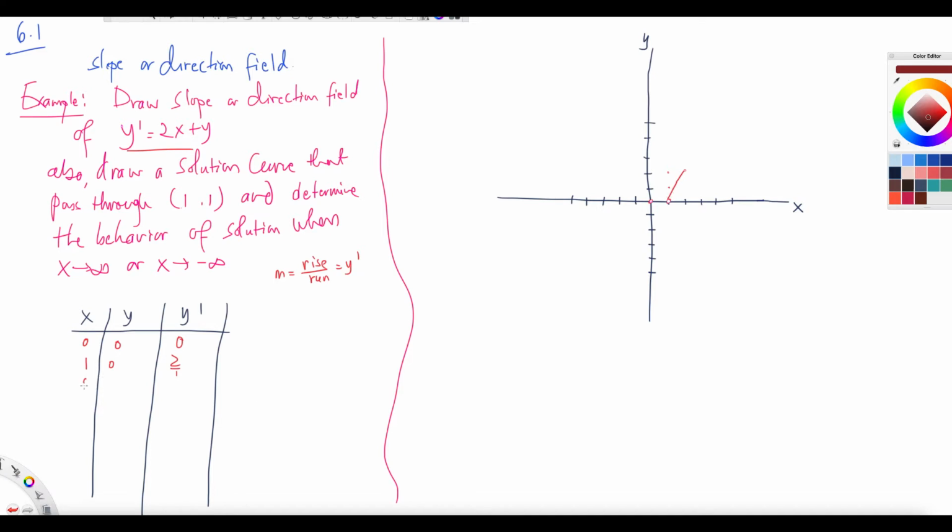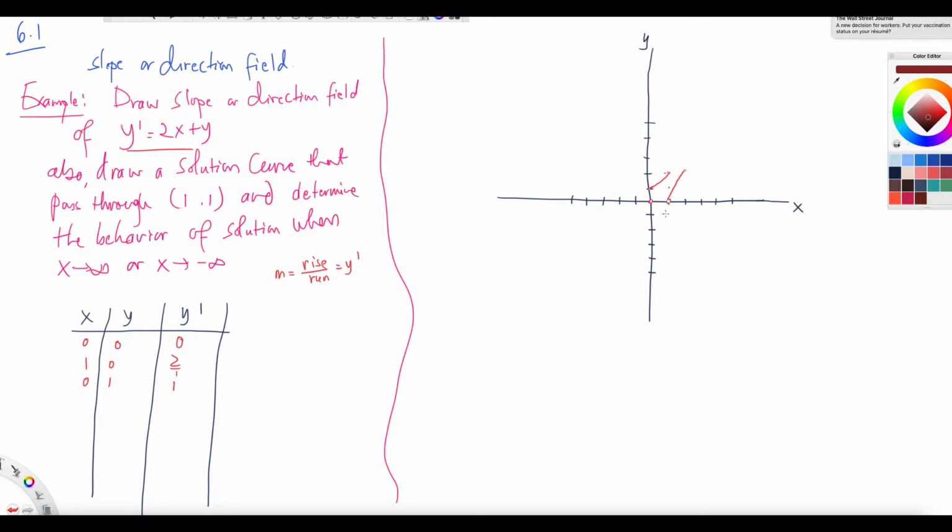Let me put 0, 1. If x is 0 and y is 1, you will get 1, because 2 times 0 plus 1 is 1. So at 0, 1 the slope is 1, rise 1, run 1. You see that?